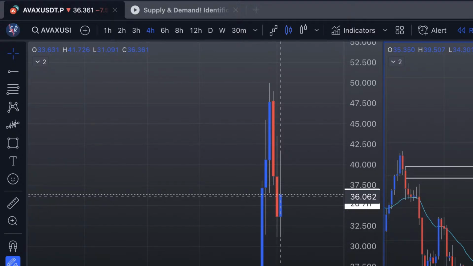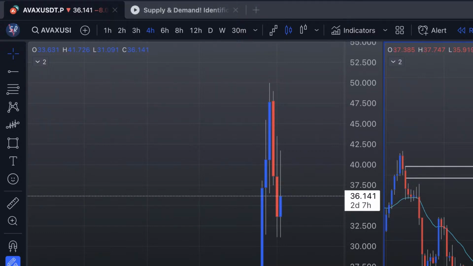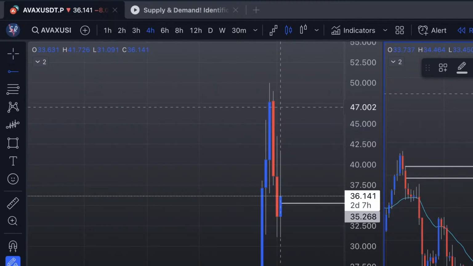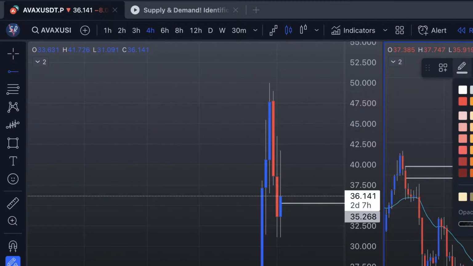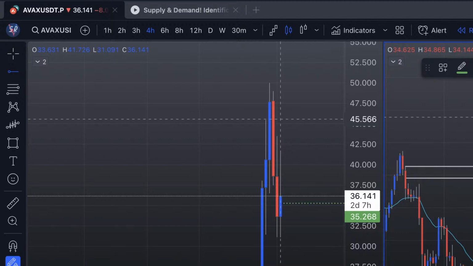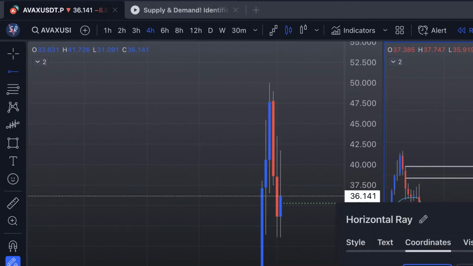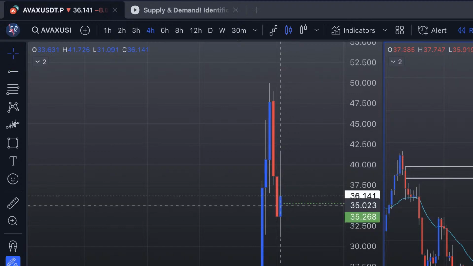Right now my entry price is 35,235. It's not down here. This was my first entry. My second entry was here. So my net entry right now is 35,235. That's my net position.